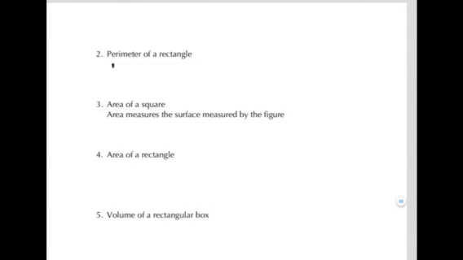How about the perimeter of a rectangle? Very similar to the perimeter of a square. The difference, though, in a rectangle is that the 4 sides are not all the same. This is the width, this is the length. This is the width, this is the length.